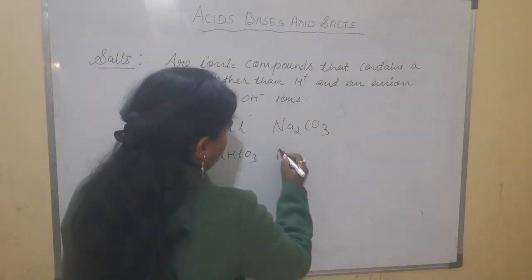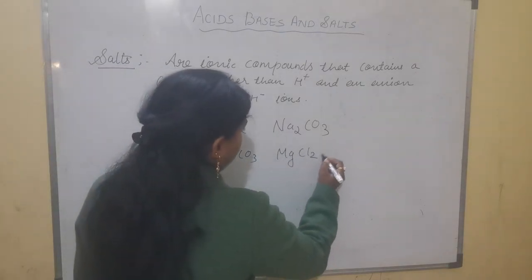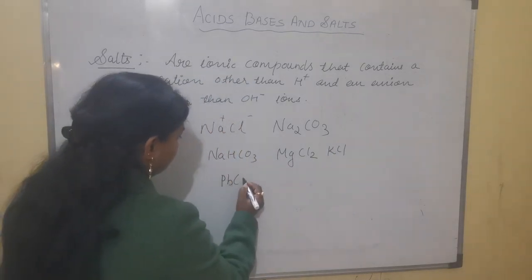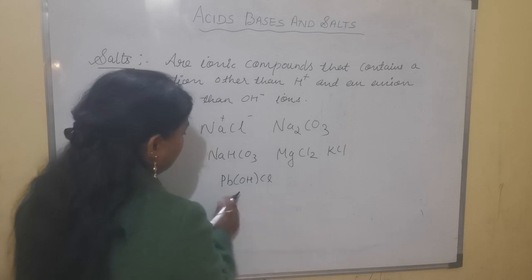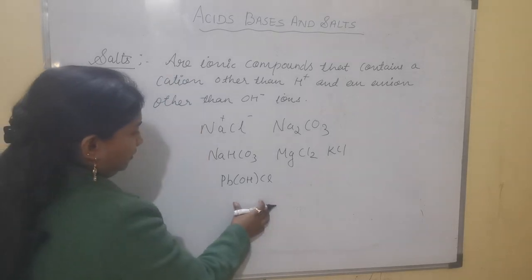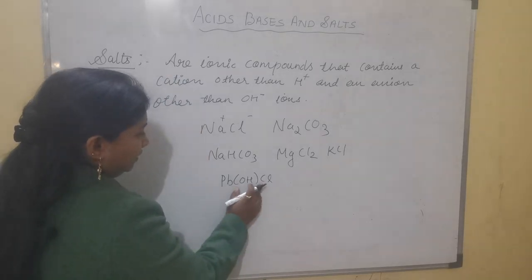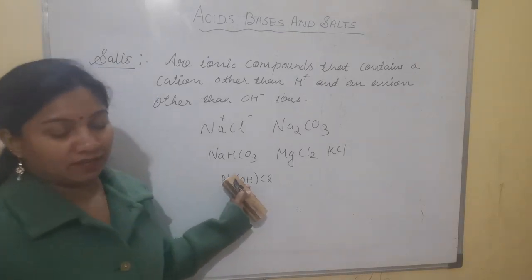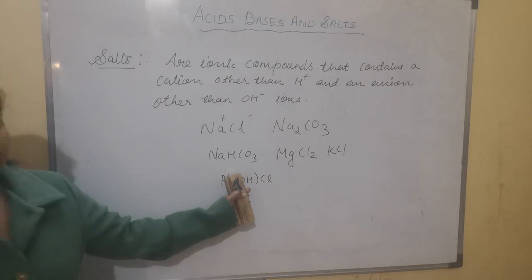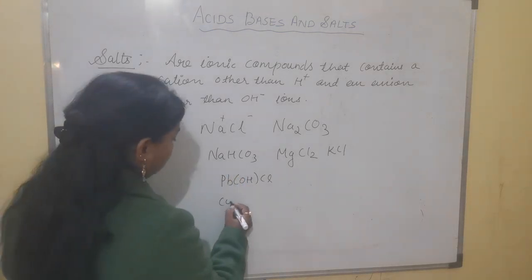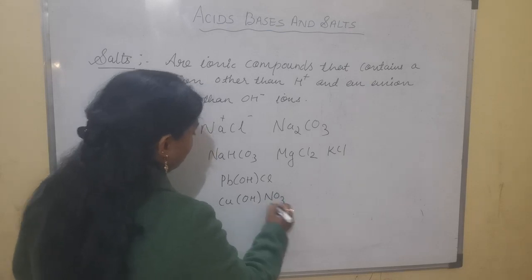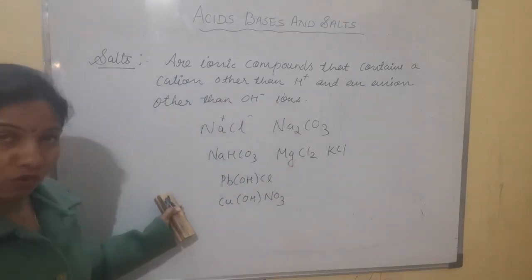And this is magnesium chloride, potassium chloride. This is basic lead chloride. Basic lead chloride, that means it is having an OH group, that means it is a base. And this is basic copper nitrate. So these are all examples of salts.